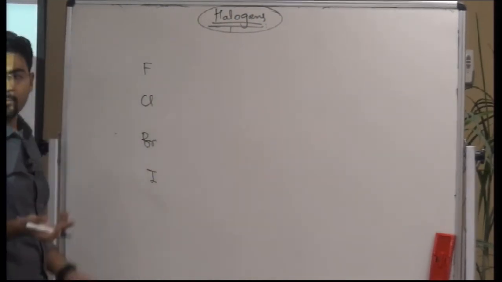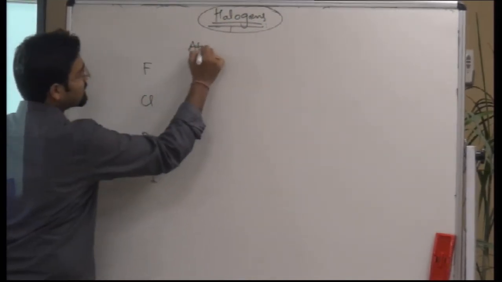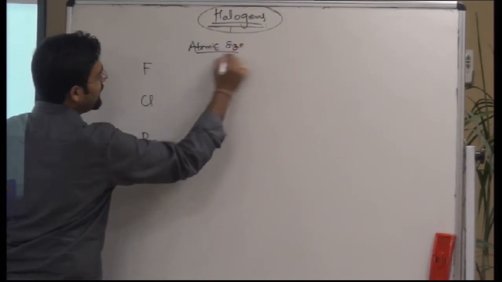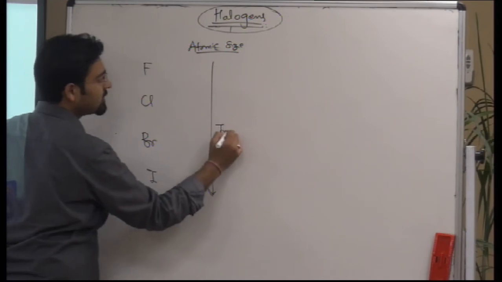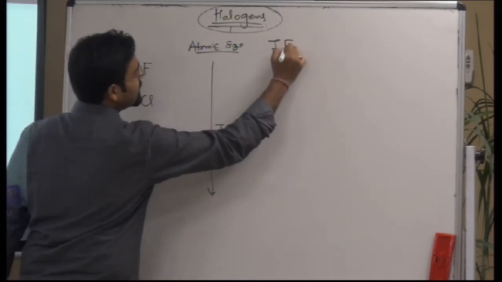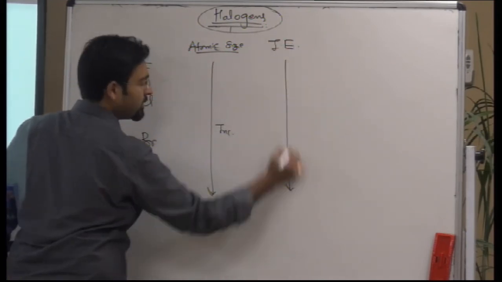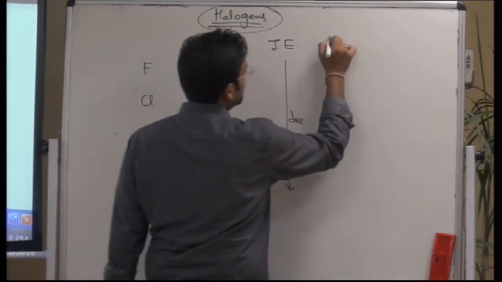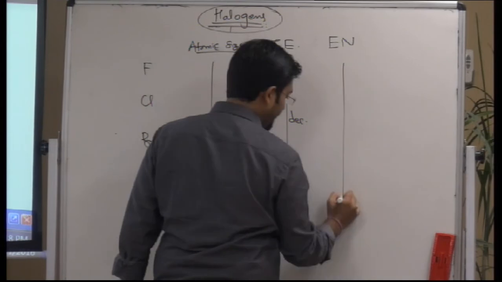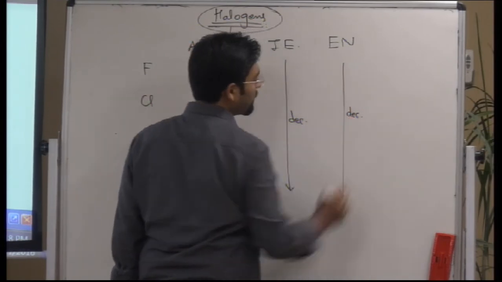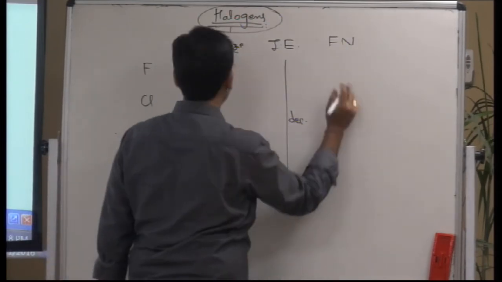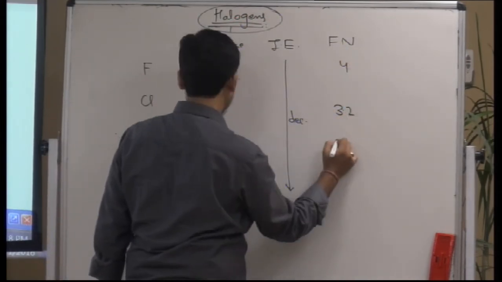While observing their properties, the atomic size increases down the group. Simple prop. Ionization energy decreases down the group. Electronegativity decreases down the group. What are the values? 4, 3.2, 3, 2.7.